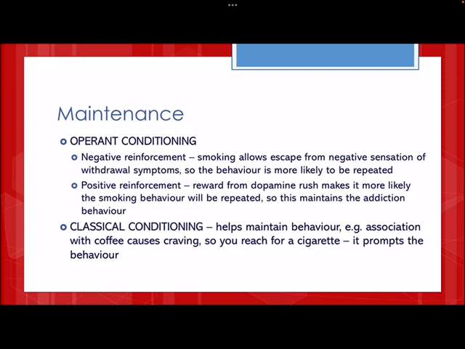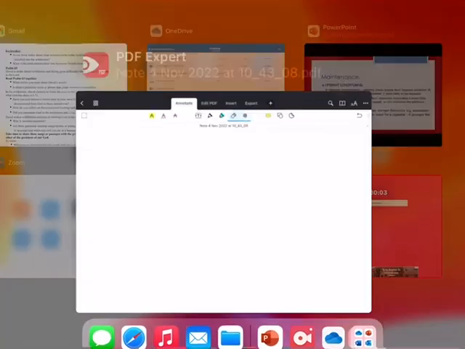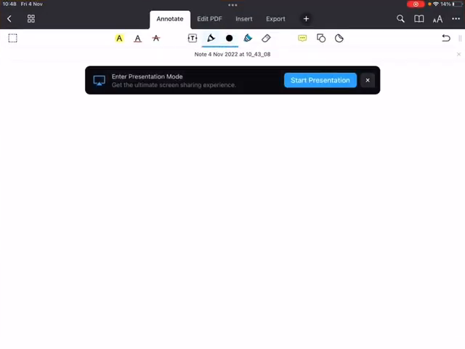Equally, we have classical conditioning going on, which helps to maintain the behaviour. Let me just go to a sheet here to make this make sense. In classical conditioning, an unconditioned stimulus leads to an unconditioned response. In the case of smoking, that is nicotine leads to pleasure.